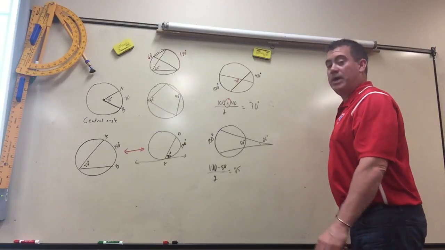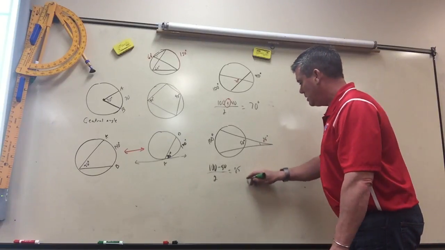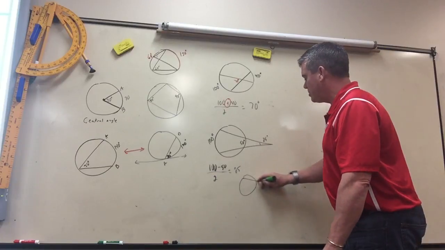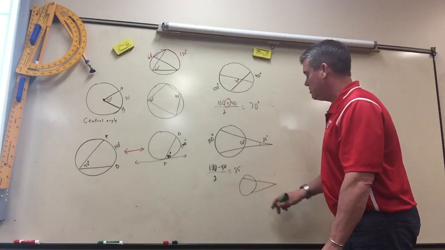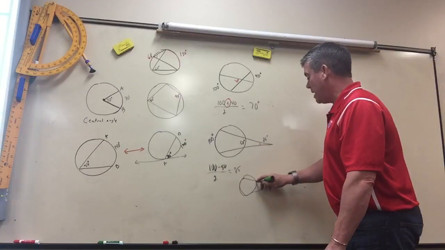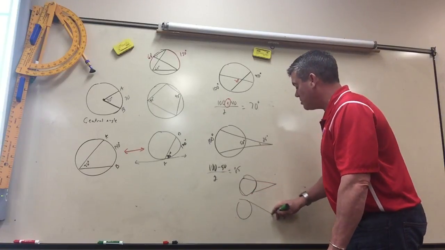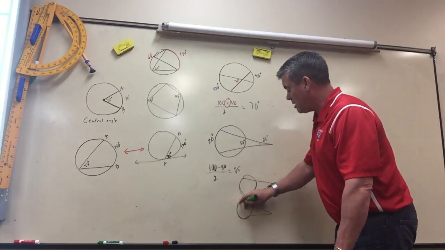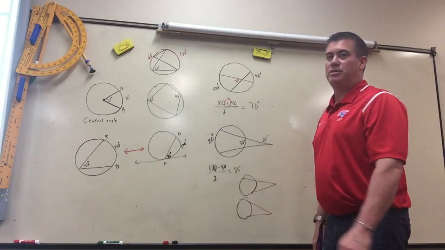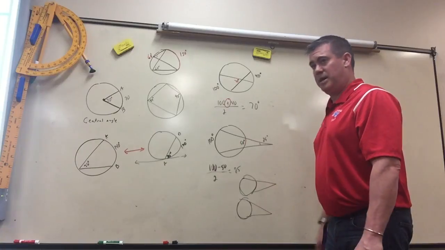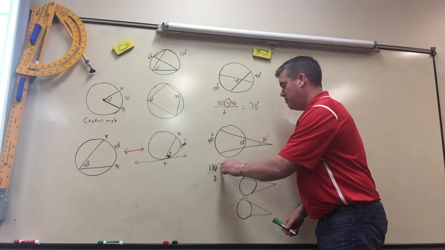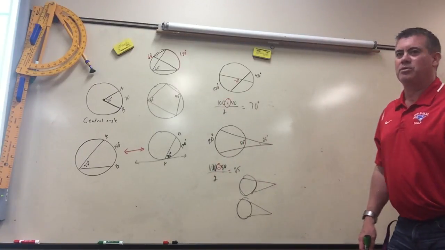Okay? And that is true if you have a secant and a tangent. You take this arc minus that arc divided by 2. And it's also true if you've got two tangents. You would take this arc minus this arc divided by 2. So these three are the same. You subtract. So if it's inside, you add; outside, you subtract.